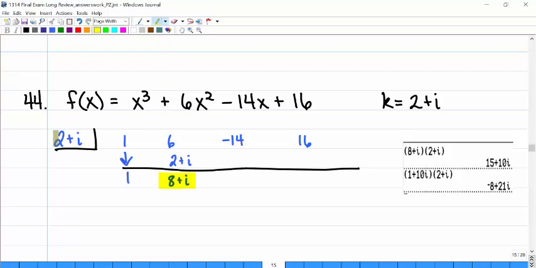Multiplying 8 plus i times 2 plus i, I did that on the calculator over here, and I got 15 plus 10i. Now adding -14 plus 15 plus 10i gives me 1 plus 10i. Multiplying 1 plus 10i times 2 plus i, I did that on the calculator, and I got -8 plus 21i.